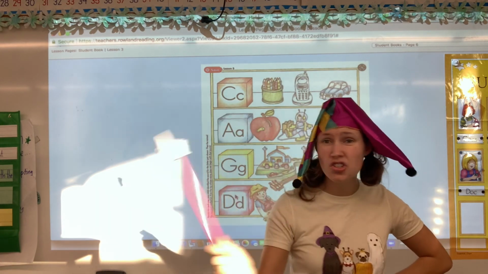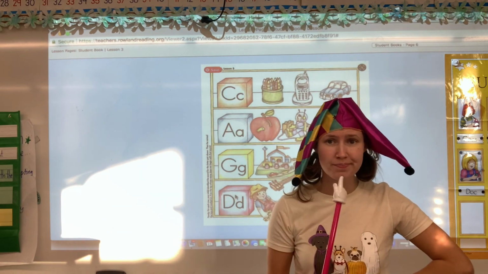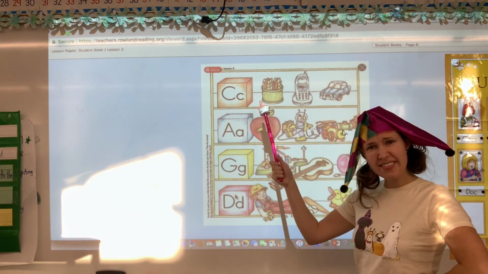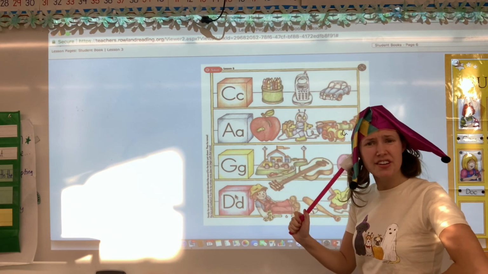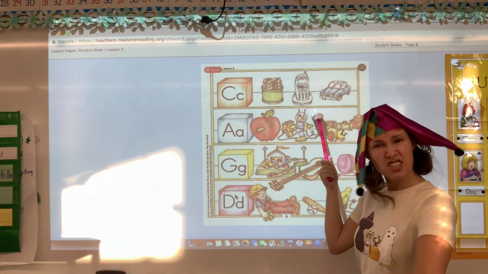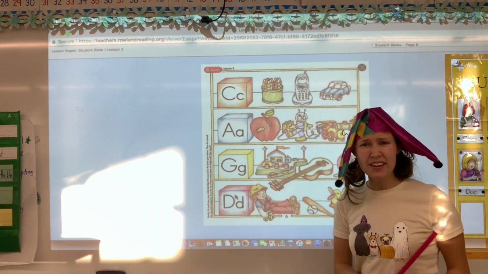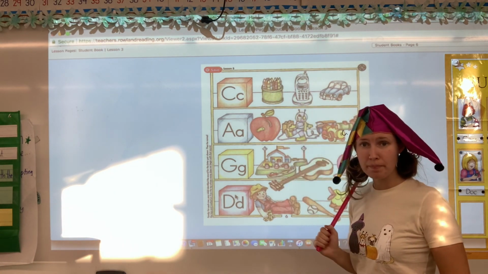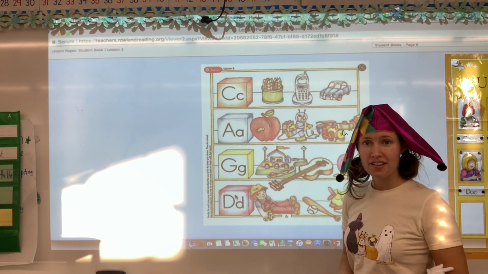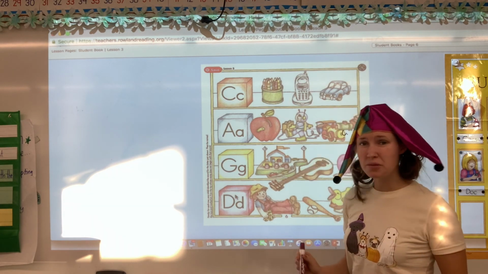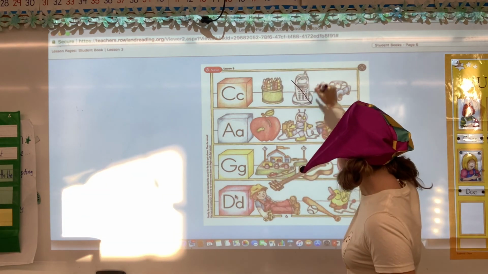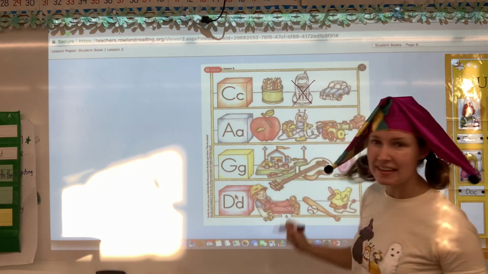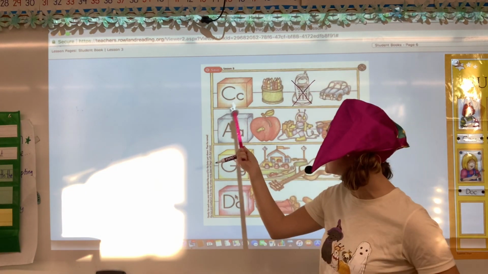Which one does not start with the k sound? Crayons? No, I hear the k sound there. Car? No, I hear the k sound at the beginning of car. What about phone? Phone. That doesn't sound like it starts with the k sound. I'm going to put an X over it because it does not start with letter C.